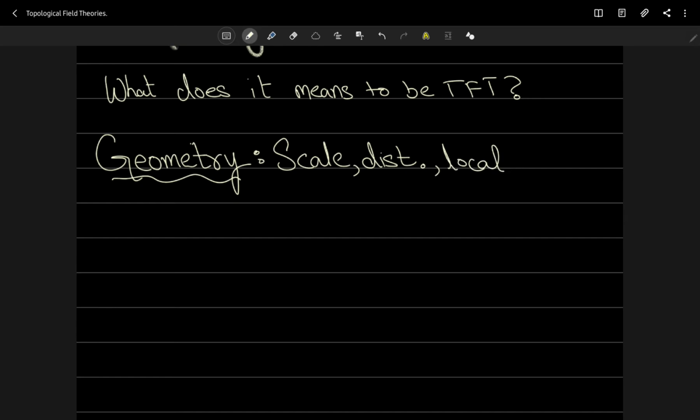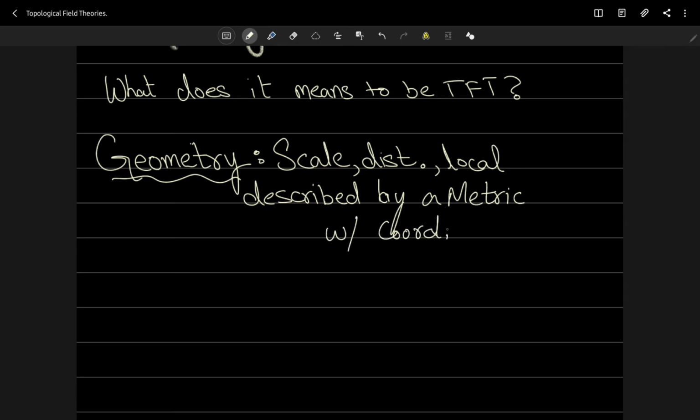That means you can mess with things that are far away, and yet you can preserve the geometry in the neighborhood. Now, geometry is usually described by a metric. A metric is something that gives us clocks and rulers to define distance, roughly speaking. And geometry is described by this metric with coordinates.